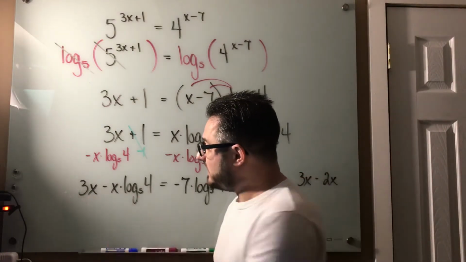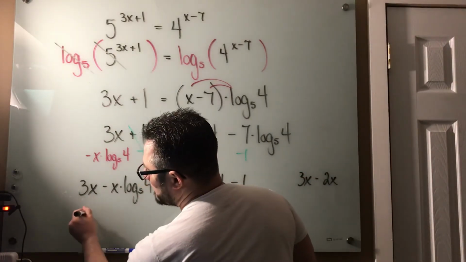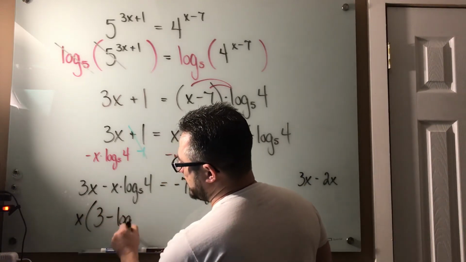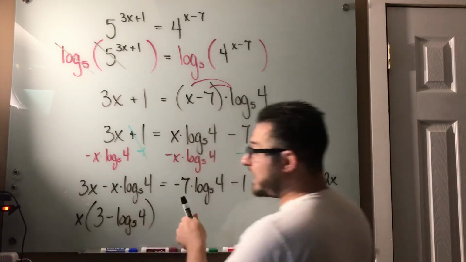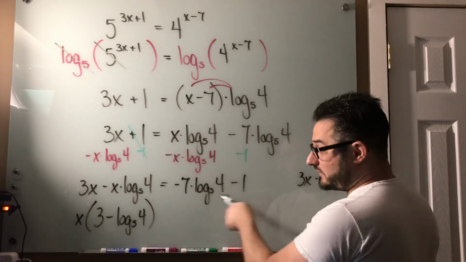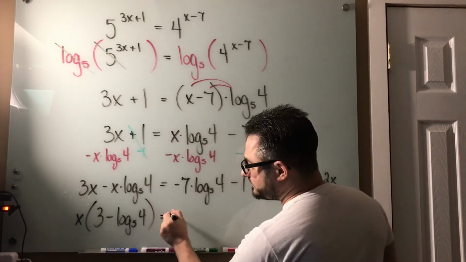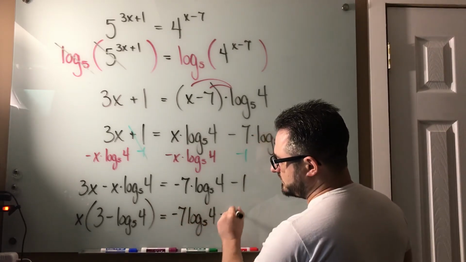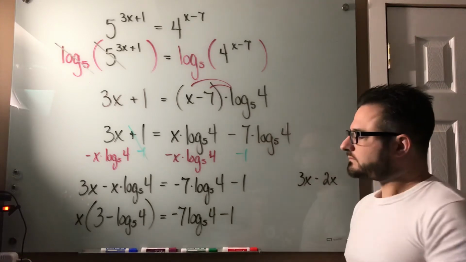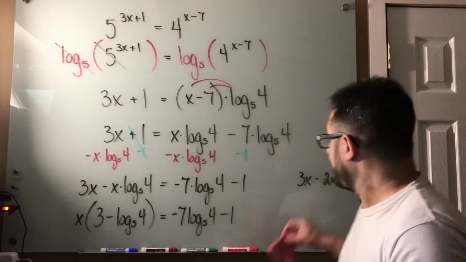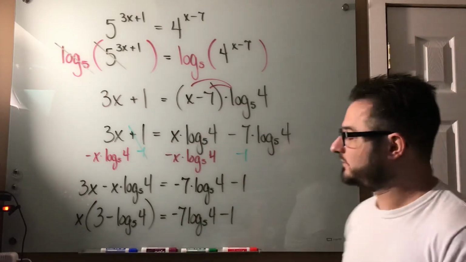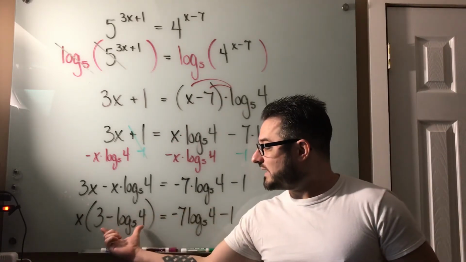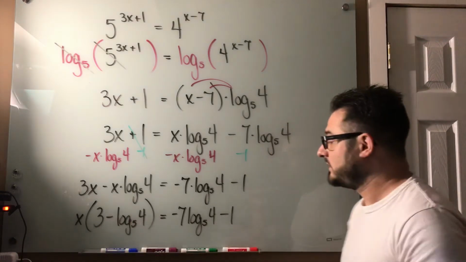We can factor out the x, and that leaves us with 3 minus log base 5 of 4. And we're almost there. The last step to get x by itself is to divide both sides by this expression.